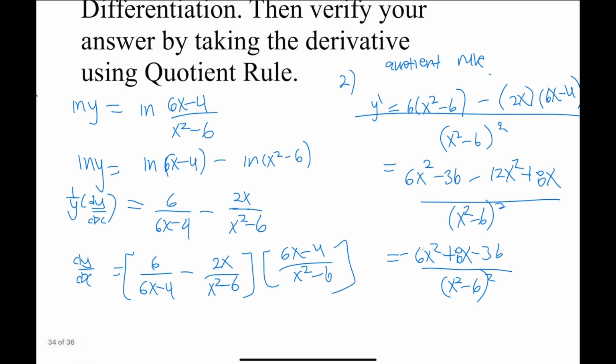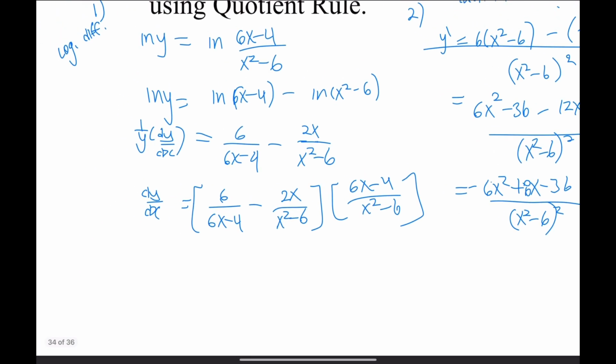So let's just verify this really quickly. We have to distribute, I guess. Right, so 6 over 6x minus 4 times 6x minus 4 over x squared minus 6. So the denominator and the numerator would cancel since they're both 6x minus 4. So that means we have 6 over x squared minus 6.